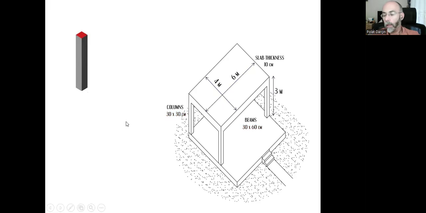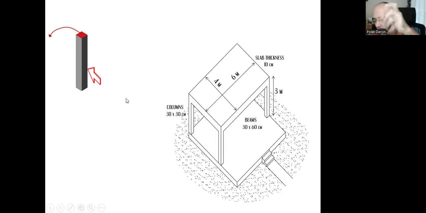The earthquake creates a lateral load. It means that the columns will be pushed sideways when there's an earthquake. If you apply that lateral force to a square-shaped column, it's prone to fall down in this direction. If the earthquake hits from that other direction, then again, it's prone to fall down.